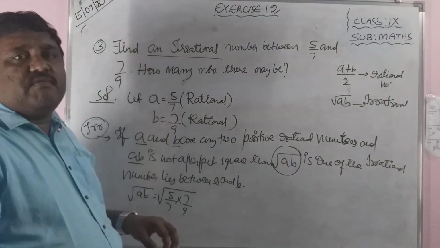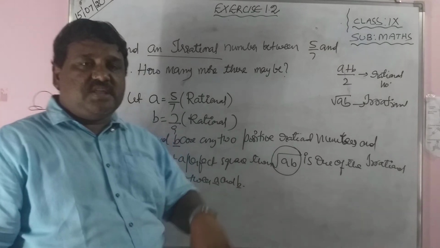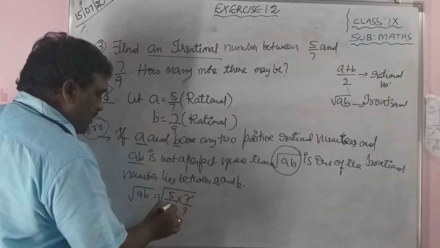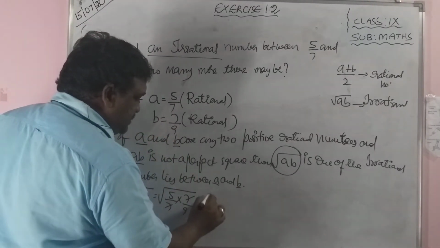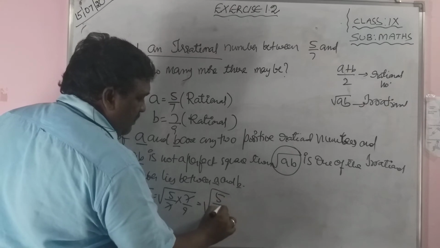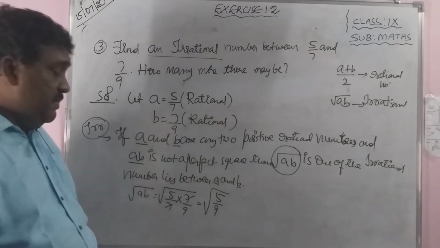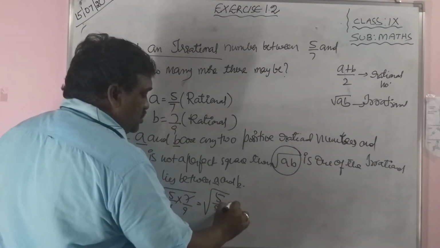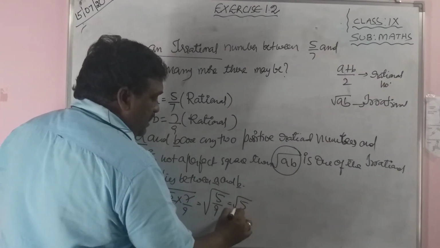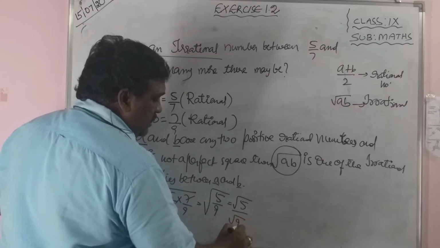The 7 cancels, and we get root 5 by 9, which is root 5 by root 9.